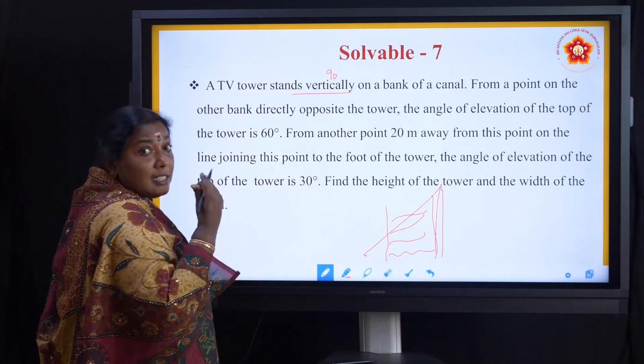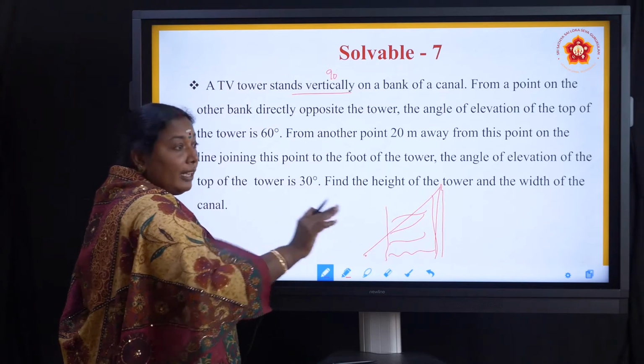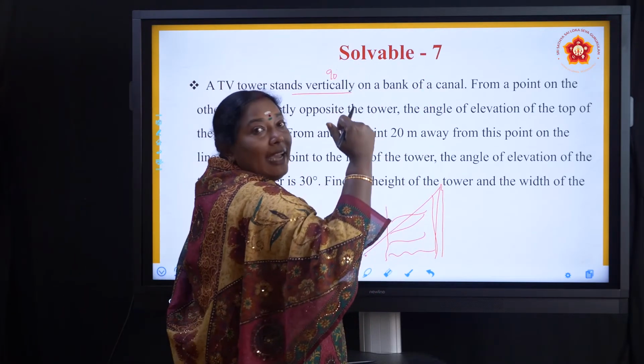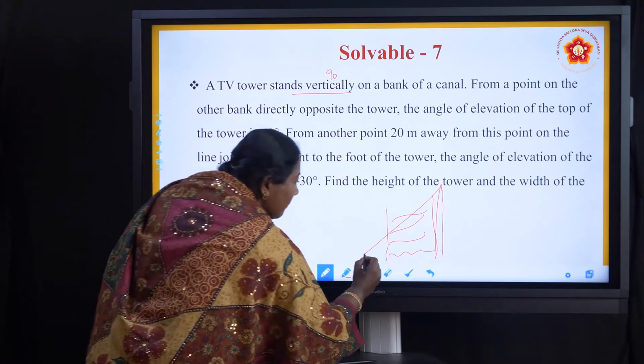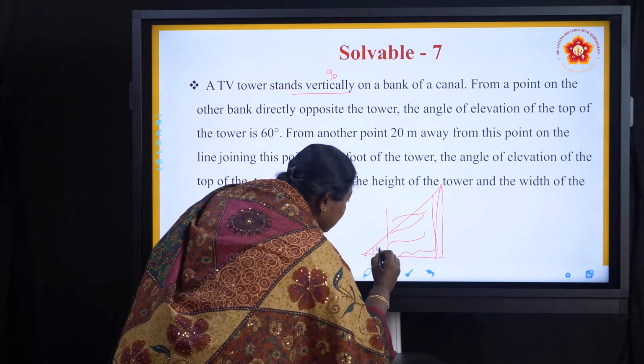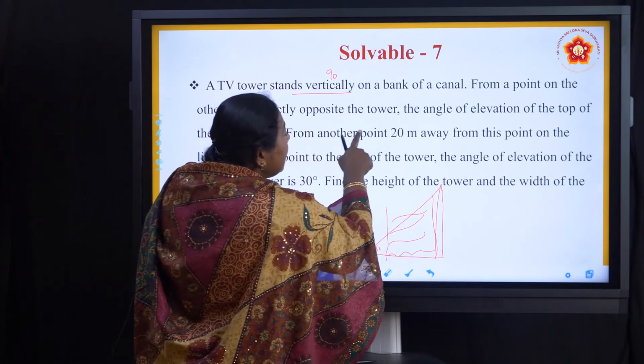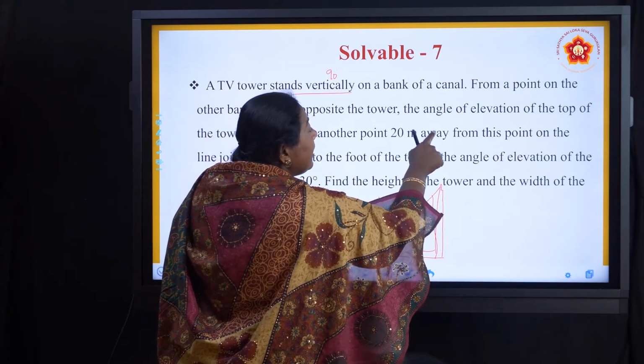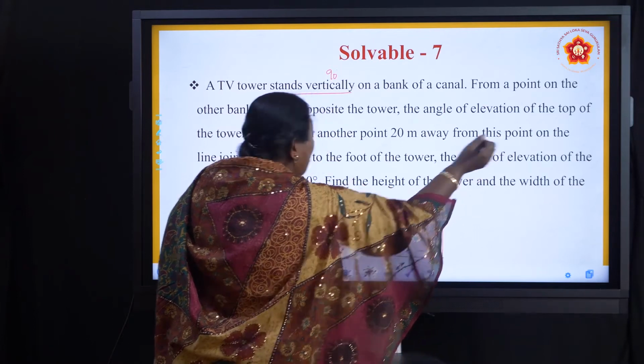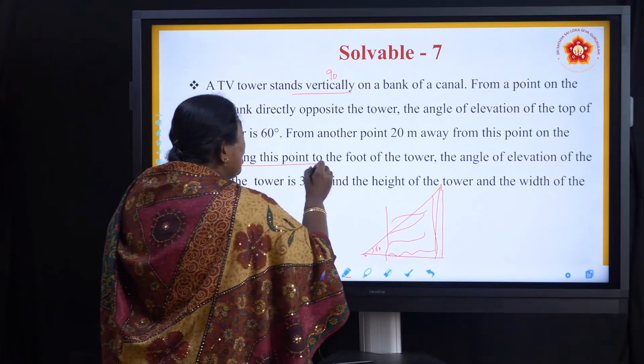Why is it 60? Because it is the near first point. If I am near, I have to make my angle of elevation high. So it is 60.